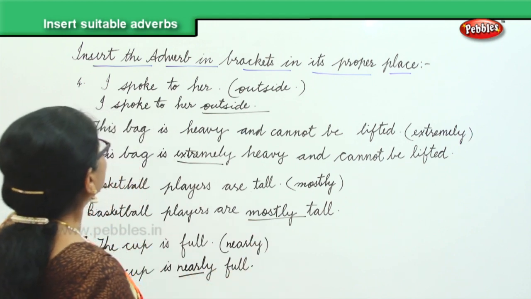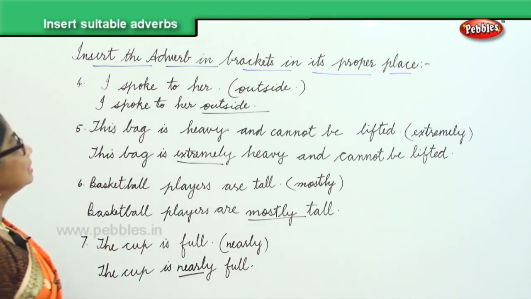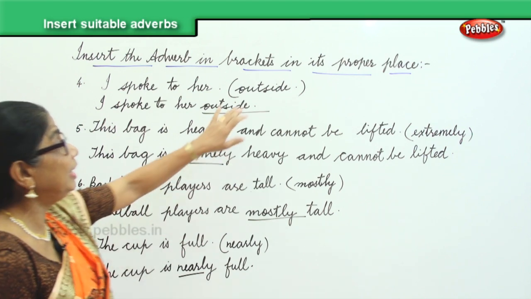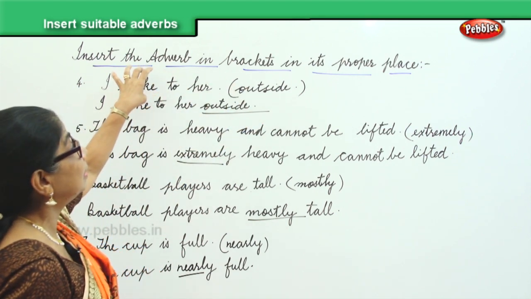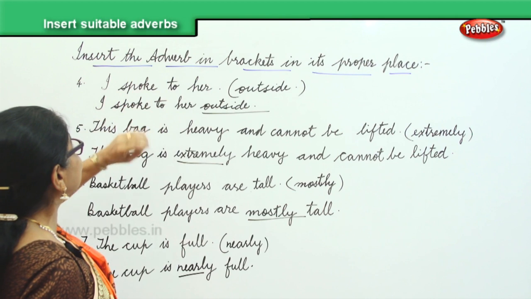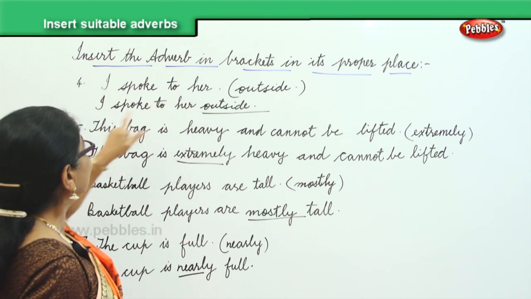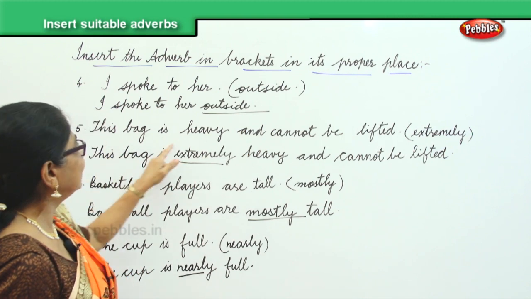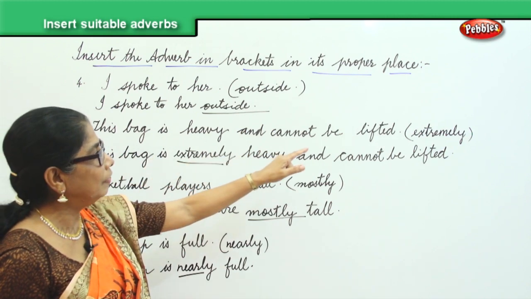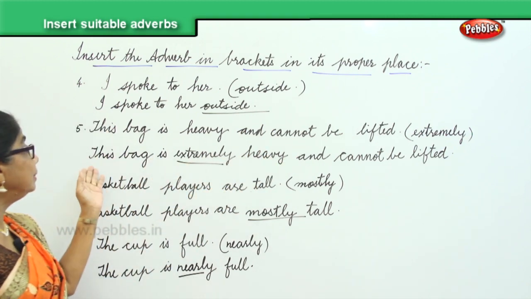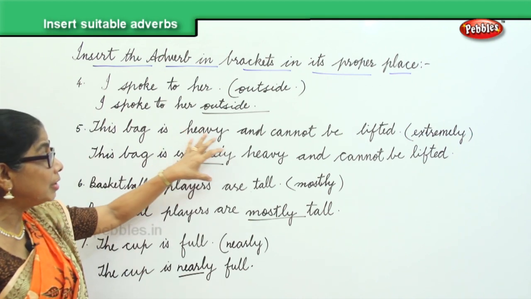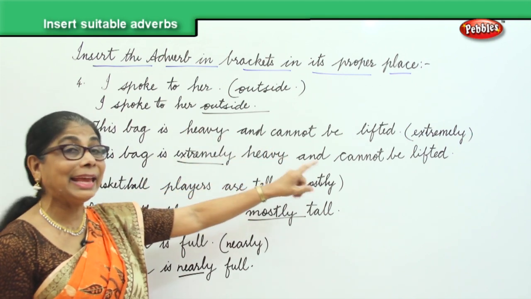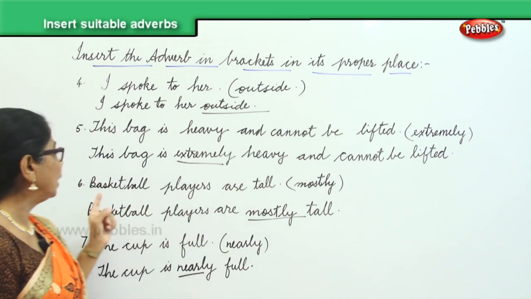Now, look at the first one. We are inserting given adverbs in the correct, proper place. I spoke to her outside. This bag is extremely heavy and cannot be lifted.